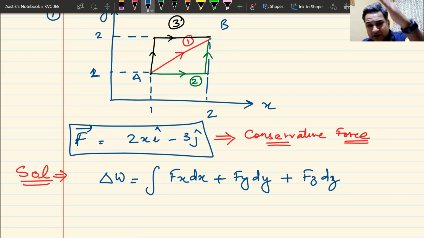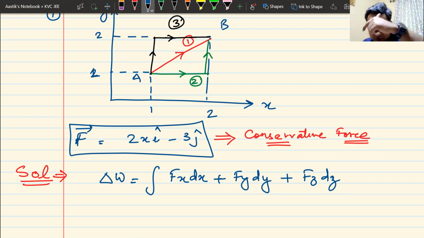Whether it is going from path 1, or path 2, or path 3, work done has to be same. So I just find the integral. Can you tell me what is the work done by this force? It could be in path 1, path 2, or path 3.